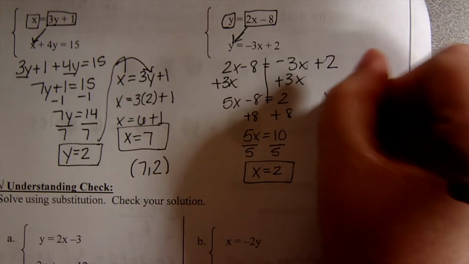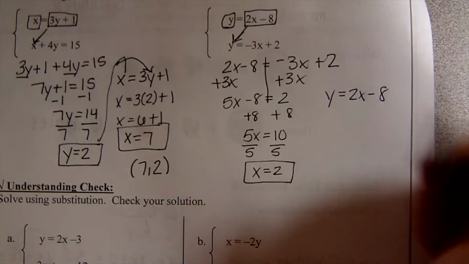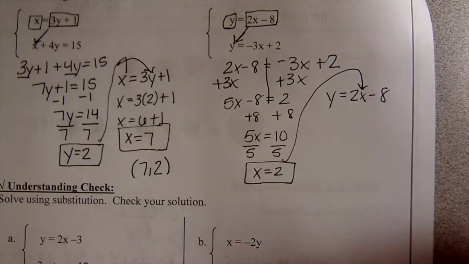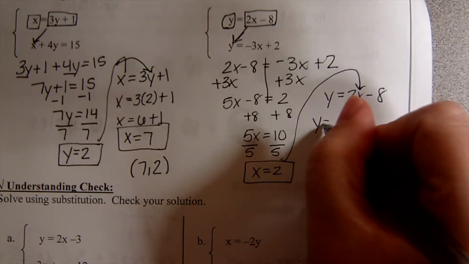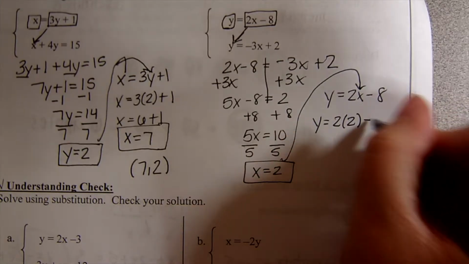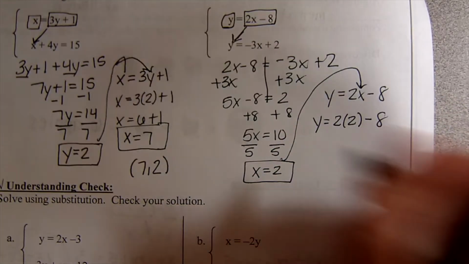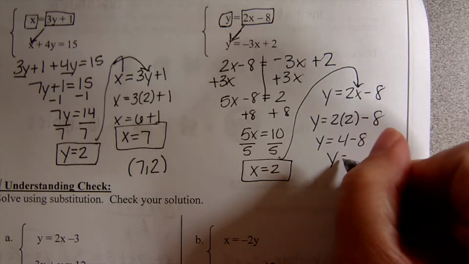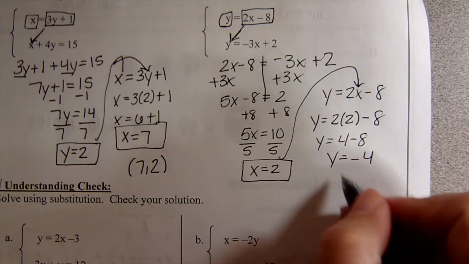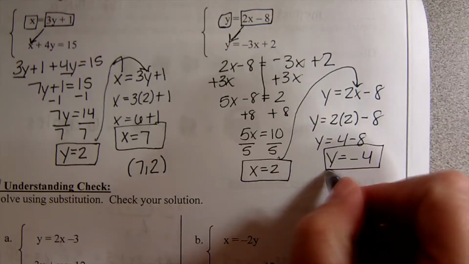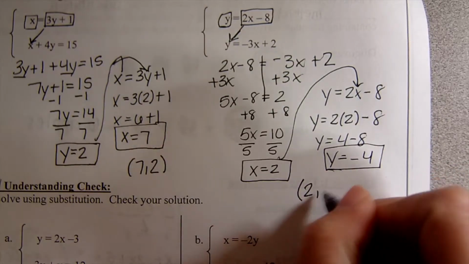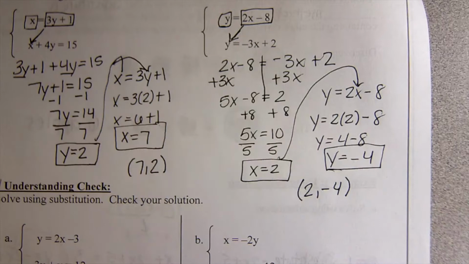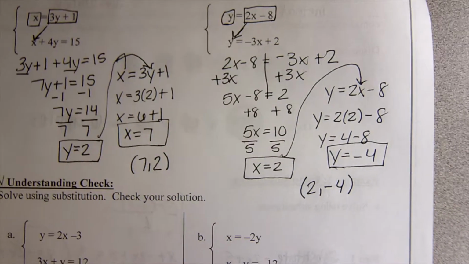So y equals 2x minus 8. We're going to plug in 2 for x. So y equals 2 times 2 minus 8. So that's 4 minus 8, or negative 4. So what is my solution here? 2, negative 4.